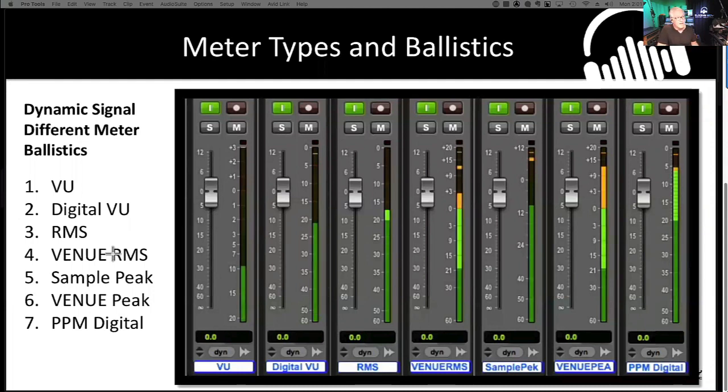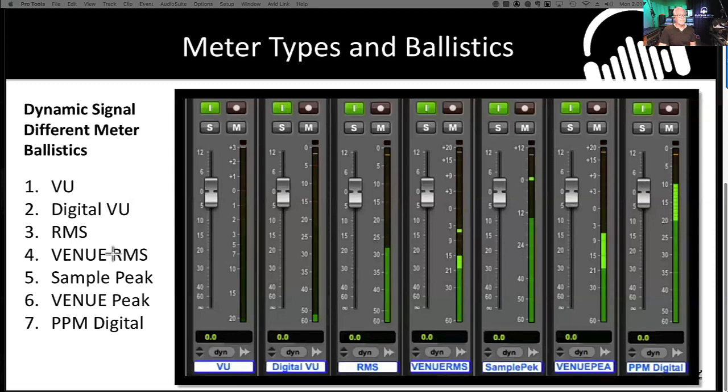Some meters may be looking at a combination of the two. Like I said, PPM digital is a great example, where it's looking at sample peak, not even waveform peak. Remember, VU has all that peak information kind of shaved off of it in terms of its ballistic, the thing we looked at just in the previous slide. So it looks very low, even though it's reading exactly the same information here, right?